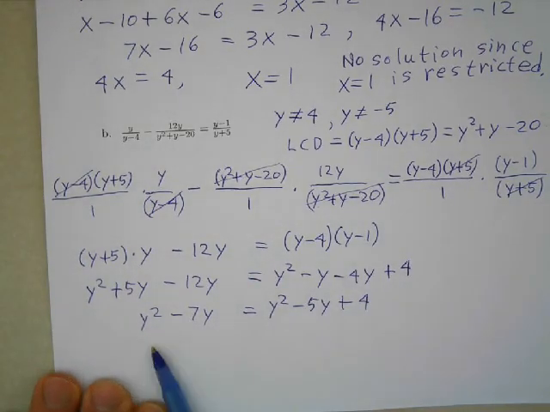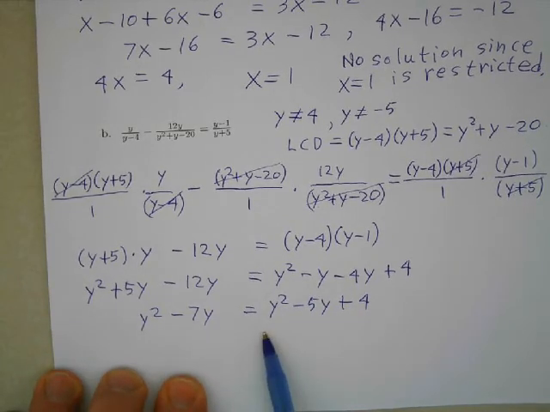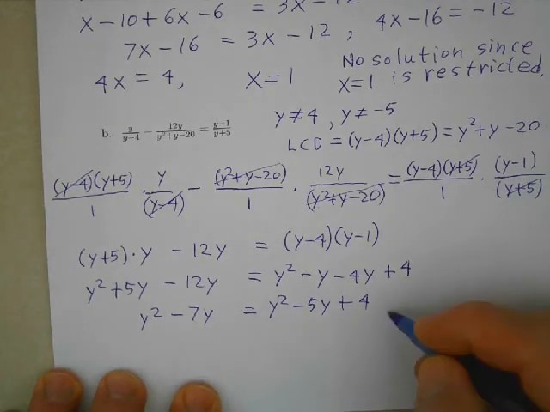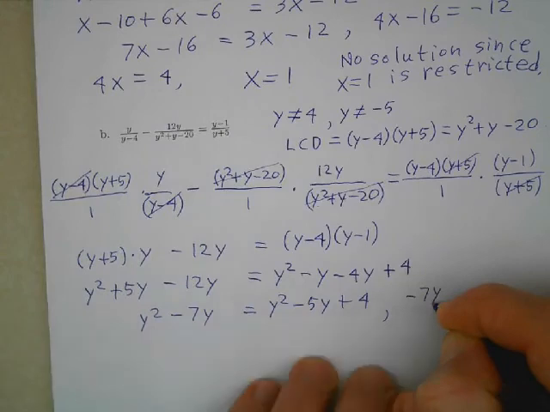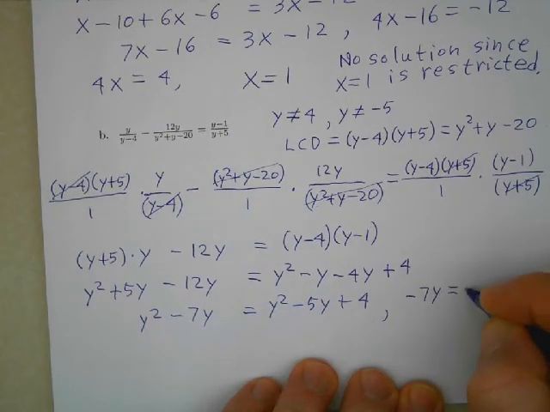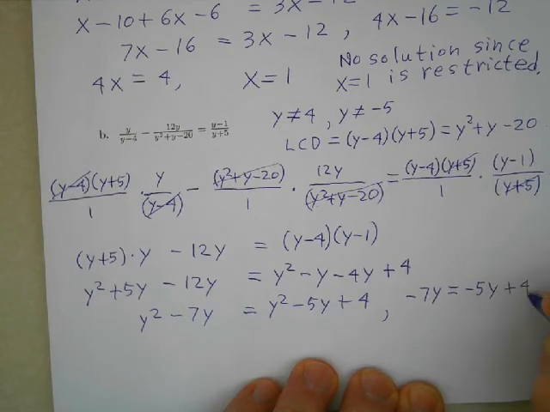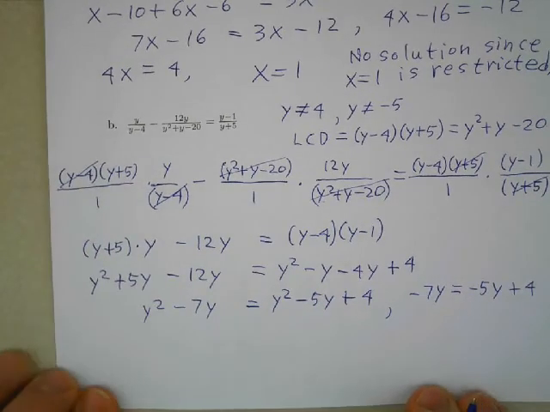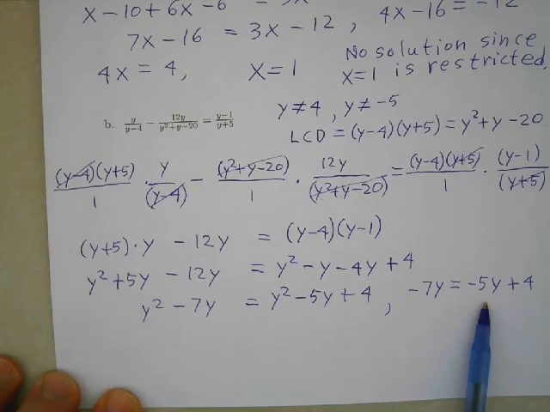Notice that both sides of the equation have a y squared term, so if we subtract y squared from both sides, we're just going to be left with negative 7y equals negative 5y plus 4. Okay, and what I'll do next, I'll add 5y to both sides.